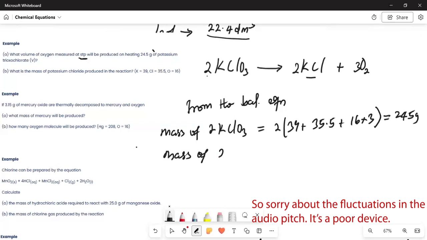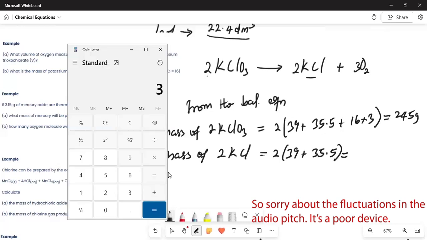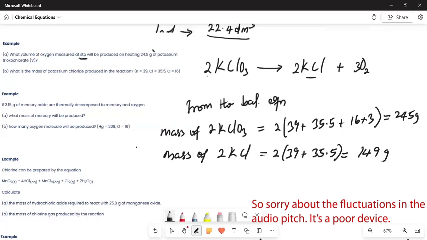Mass of 2 moles of potassium chloride is equal to 2 times 39 plus 35.5, which is 149 gram, meaning 245 gram of potassium chlorate give us 149 gram of potassium chloride.